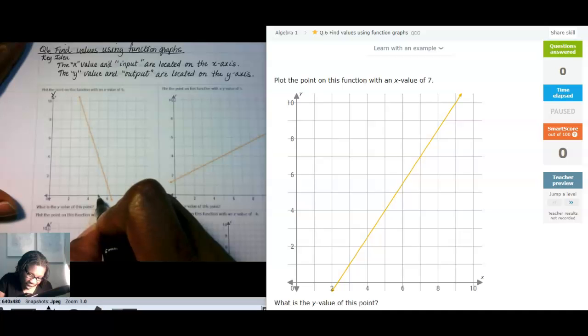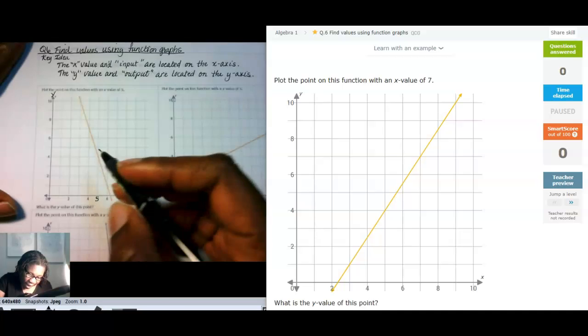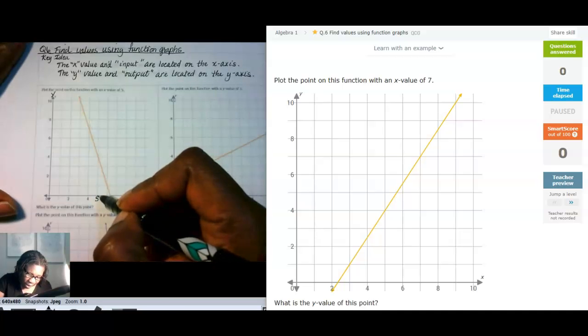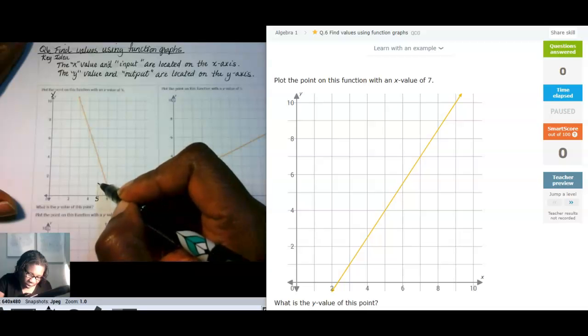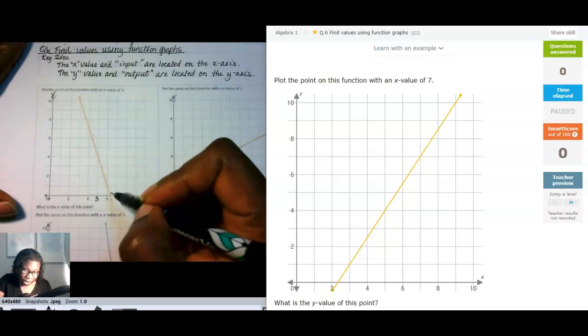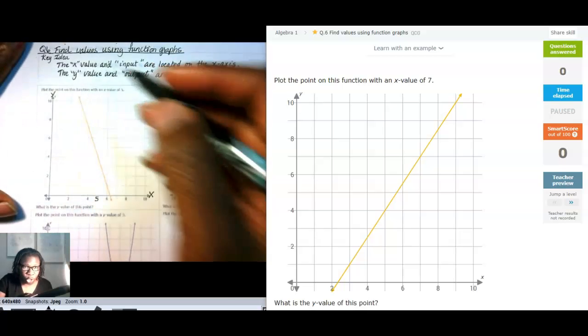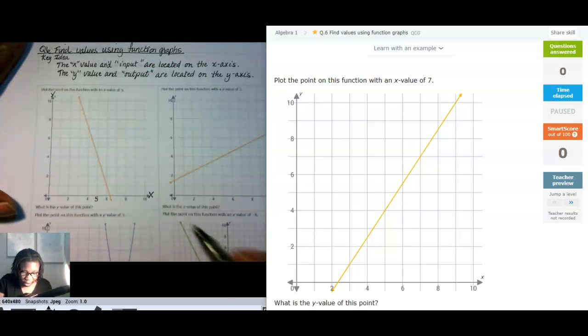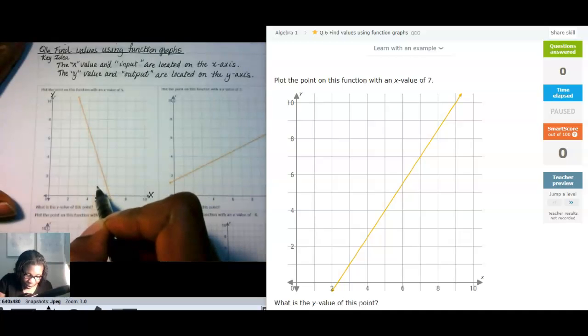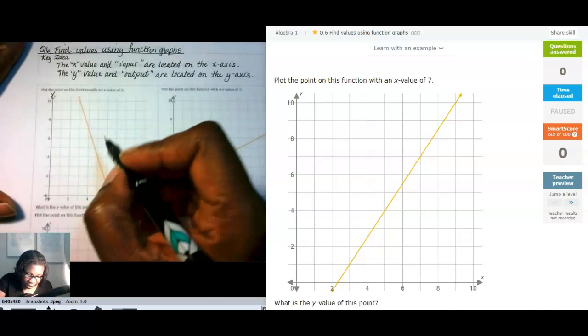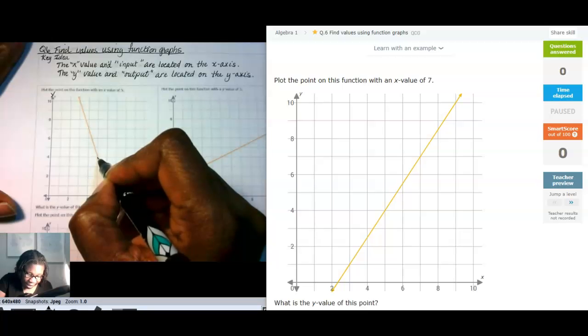So x is 5 right here. And you could say, okay, well, it's 0, or it's 1, or it's 2. The only problem with that is the graph, which is the drawn portion of the function, doesn't exist here at 1 or 2. But the graph does exist here at 4.